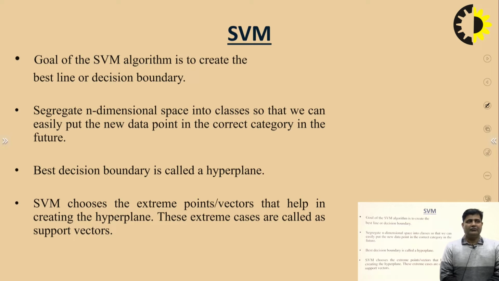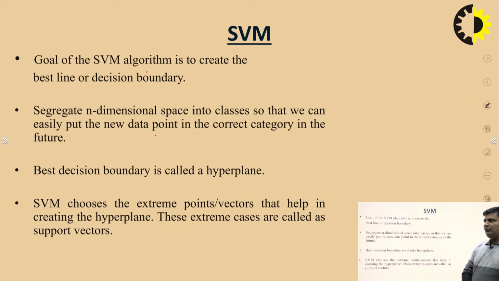As mentioned in the PPT, the main objective of the SVM algorithm is to create the best line, or decision line, to divide the n-dimensional space into classes so that we can easily put a new data point into the correct class. This best fit line is also called the hyperplane.